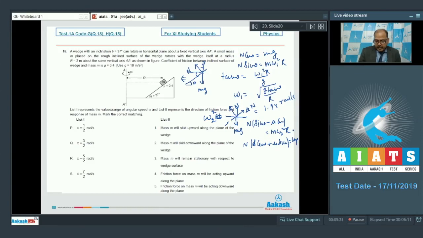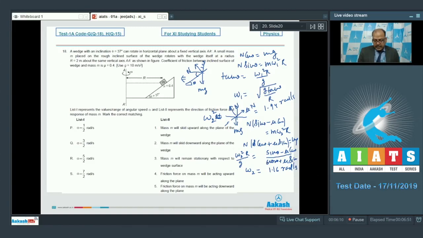So by dividing the two equations, you get omega 2 square r by g equals sin theta minus mu cos theta upon cos theta plus mu sin theta. And if we solve for omega 2, we find its value comes out to about 1.16 radian per second.